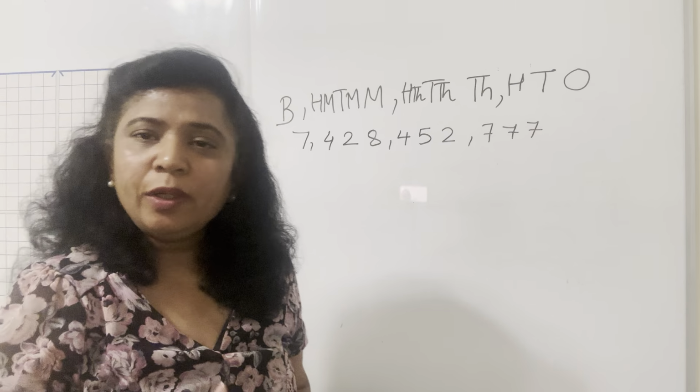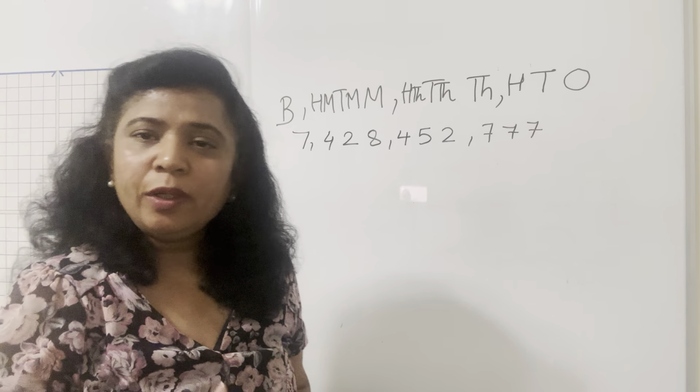7 billion, 428 million, 452,777. Okay, how are you reading it? 7 billion, because it is at the billions place. So 7 billion 428 million 452,777.